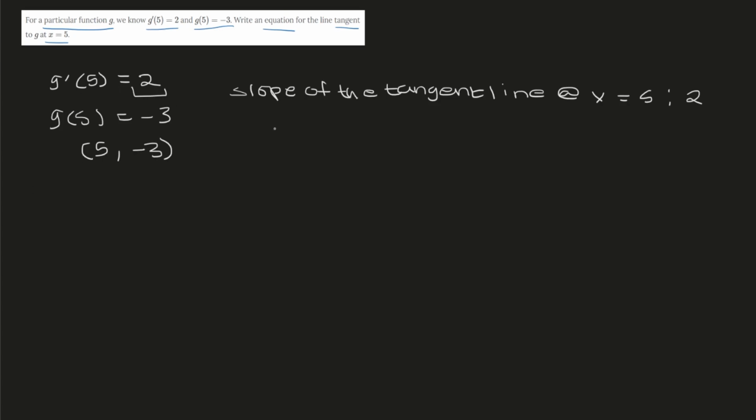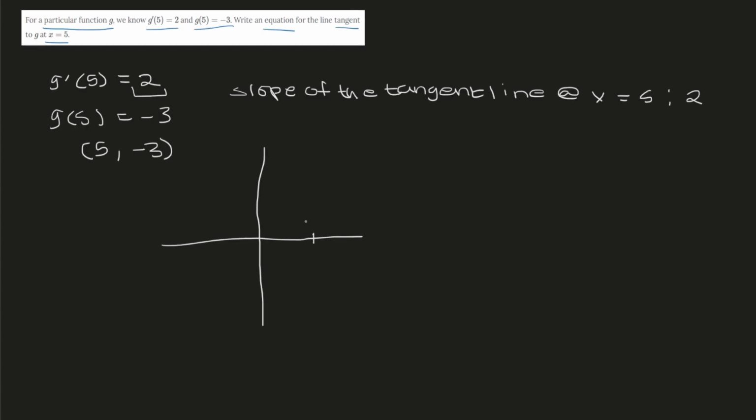Furthermore, we also know a point on that tangent line. Because it's asking us for the tangent line at x equals 5, we know that this tangent line must intersect the function. So let me just draw an imaginary function.